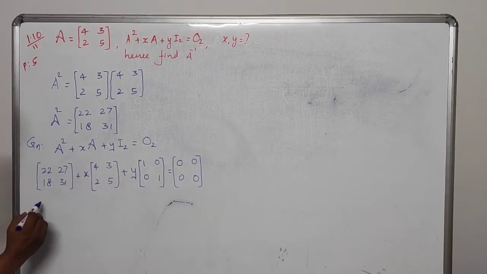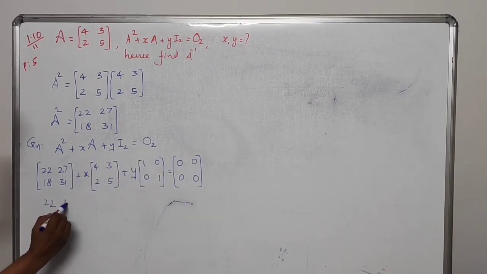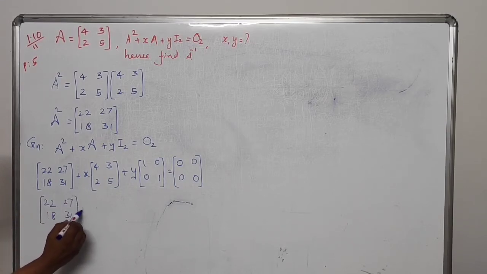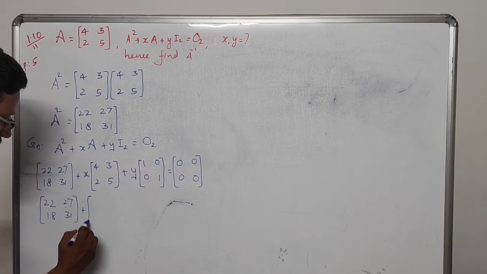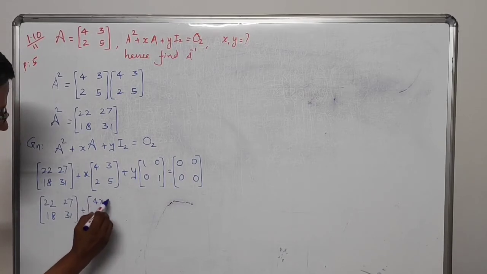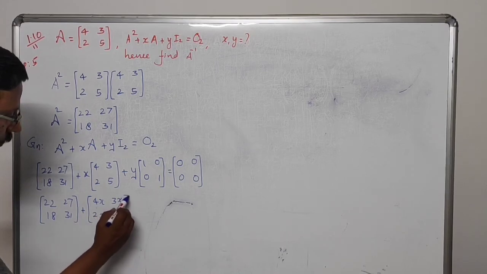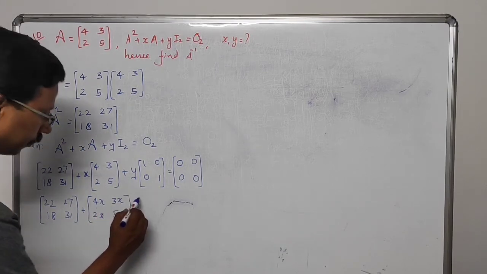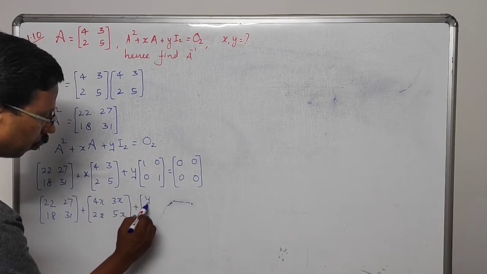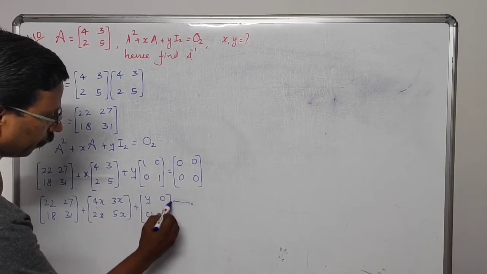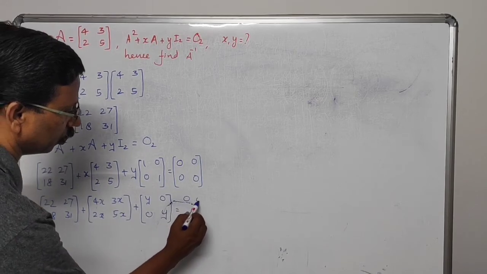You can get 22, 27, 18, 31 plus, you can write this as 4x, 3x, 2x, 5x plus y, 0, 0, y, which is equal to 0, 0, 0, 0.